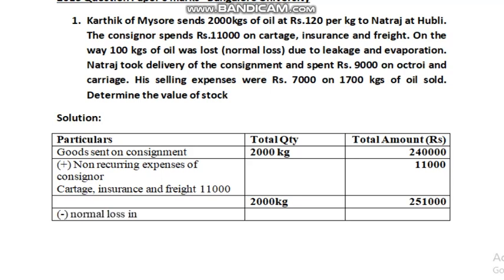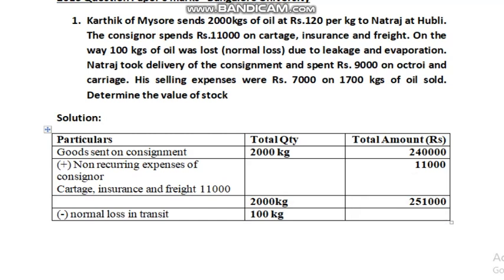Normal loss in transit. In this problem, the normal loss in transit is 100 kg of oil. So deduct 100 kg. In normal loss, we should deduct only the total quantity and not the total amount, because normal loss is something you already expected, and it's already a part of the cost of production.